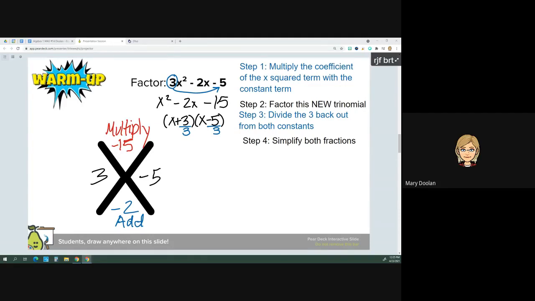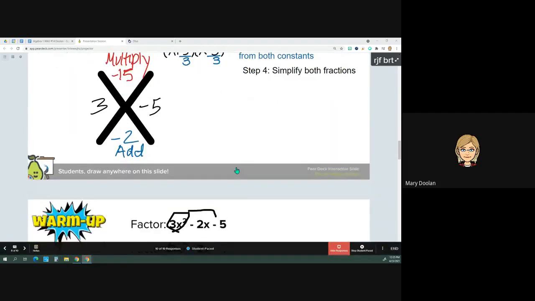Sometimes they simplify to a whole number. Sometimes they simplify just to a fraction, or they don't simplify at all. And so for the first binomial, x plus 3 divided by 3, let's see, what did we get?